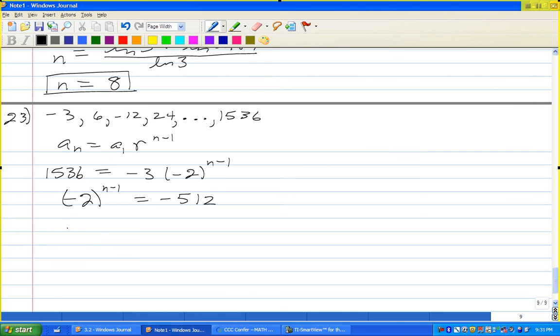And so this is negative 2 to the n minus 1, negative 2 to the 9.